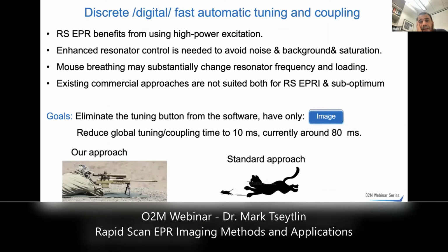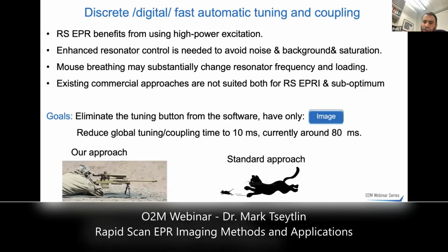The idea is to use discrete digital tuning and coupling instead of the standard approach. If you have AFC in the Bruker system, it's like a mouse and cat: you always try to catch the frequency as it changes, as the sample changes. There are two problems with this approach.